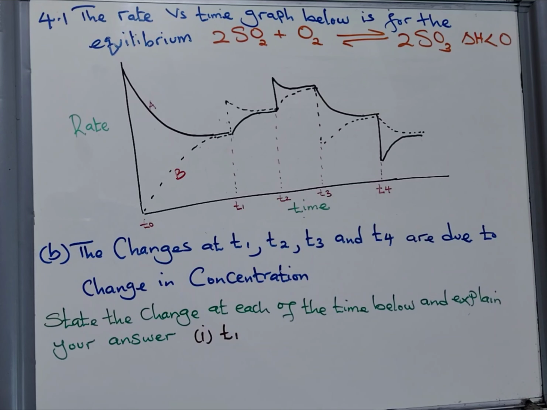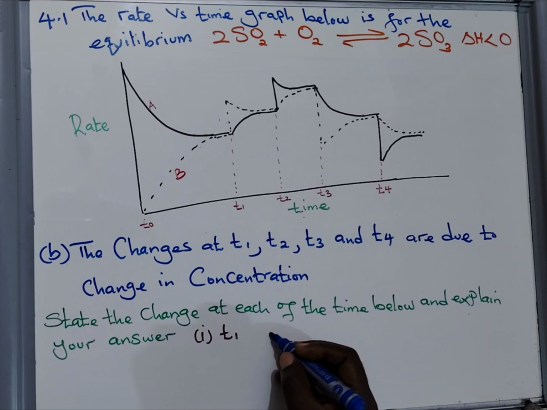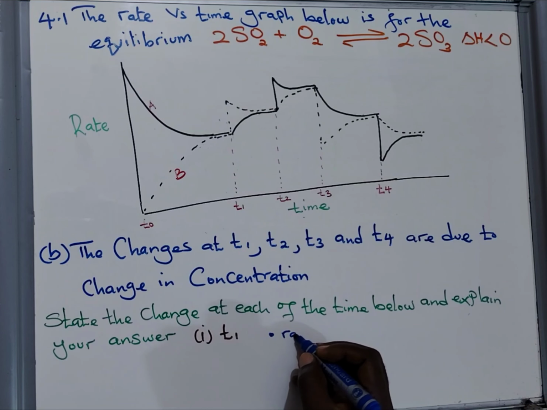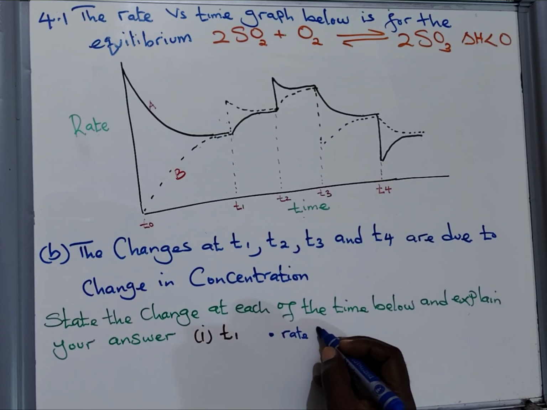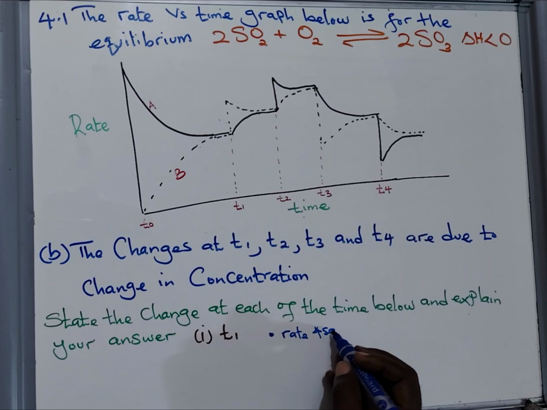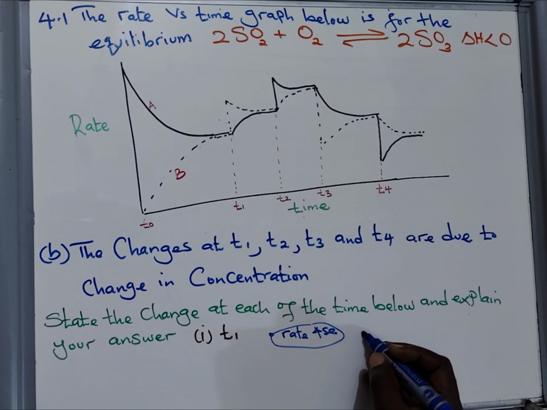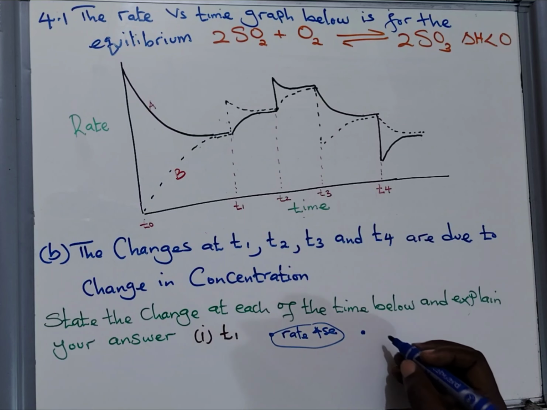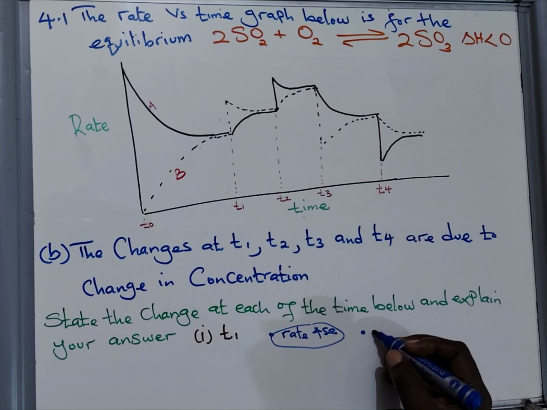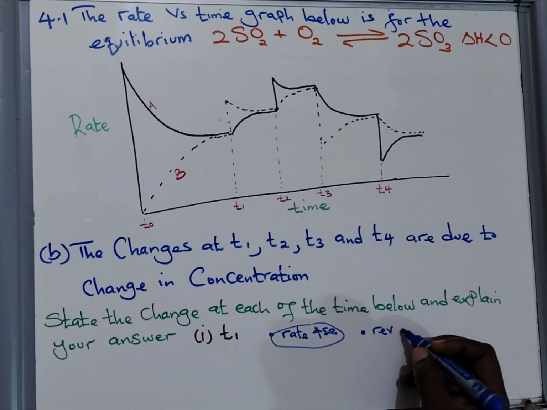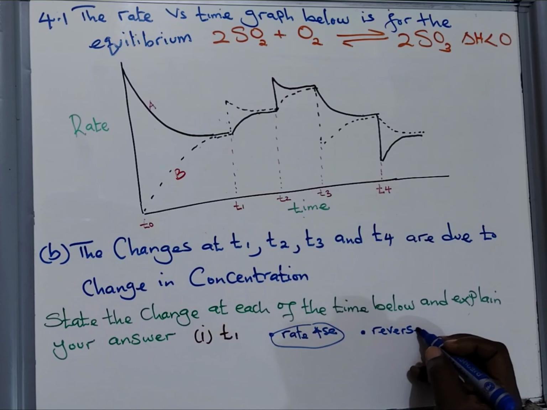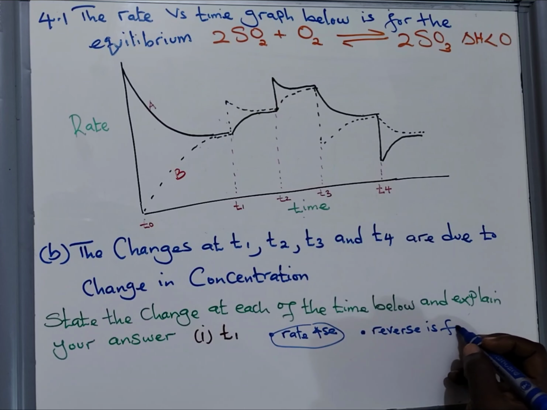Okay, to explain at T1, this is what you have to know. These are the facts which we can pick from there. The first one is that rate increased. Okay, that's one fact. The second one is that reverse is favored.